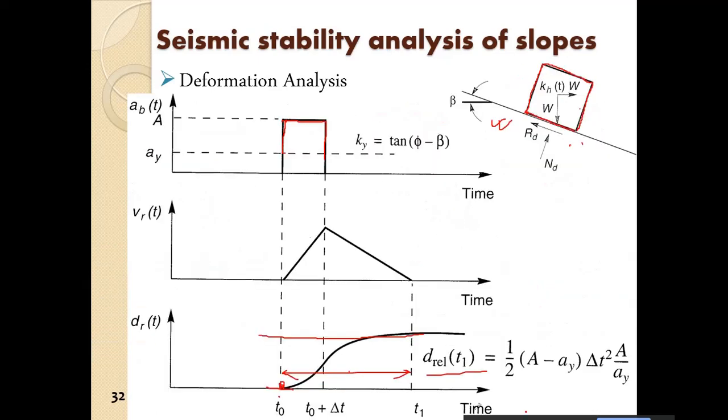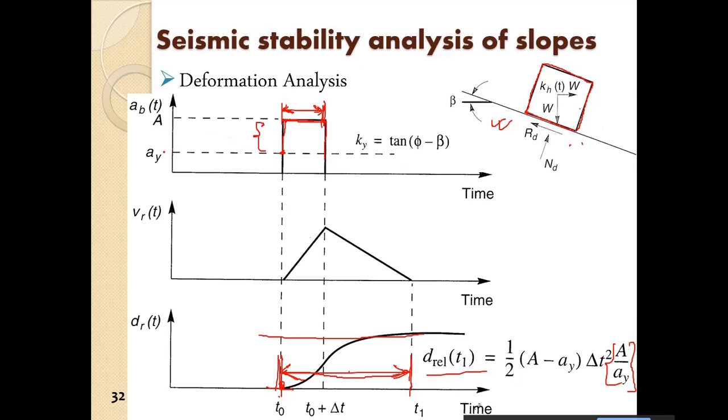So that is given by half of (A minus Ay) into delta T square.